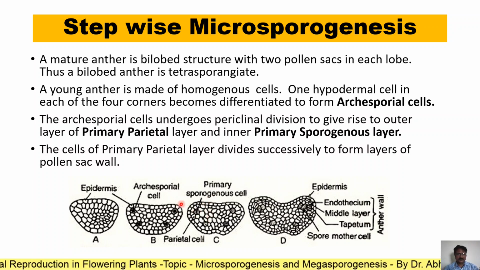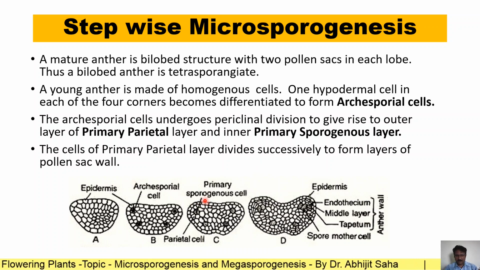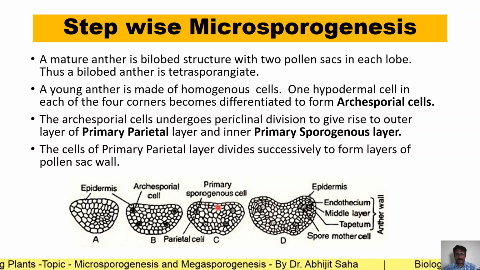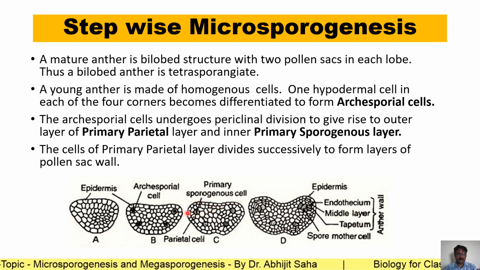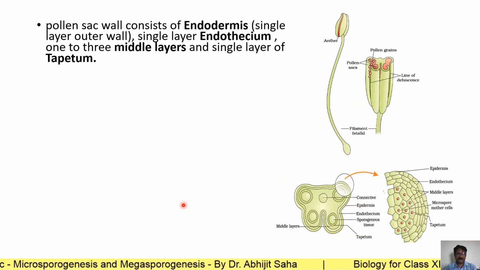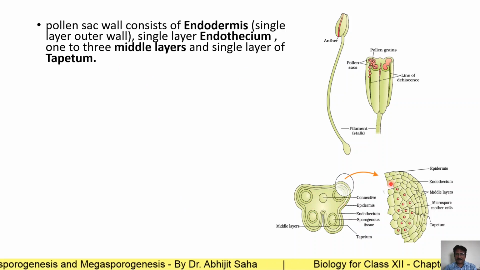Next, what happens? The primary parietal cell divides to form the layers of the pollen sac, whereas the inner sporogenous cells take part in microsporogenesis, or the formation of pollen. You can see the diagram here also.